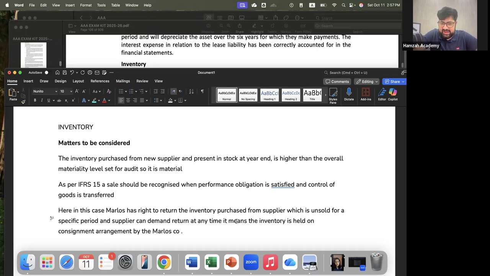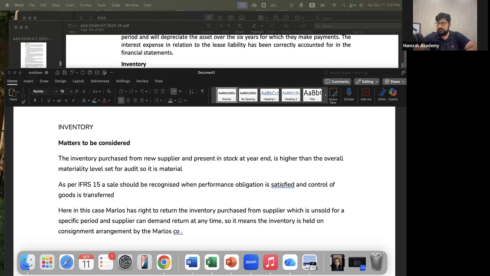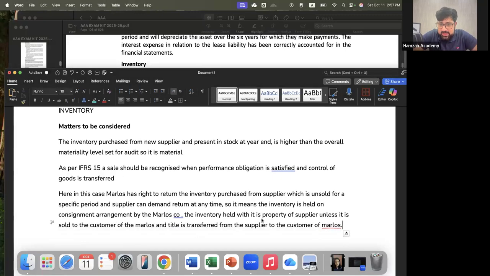So it means that the inventory is held under a consignment stock arrangement by Marlo's company. Applying to the scenario, the inventory held is the property of the supplier unless it is sold to the customer of Marlo's, and title is transferred from the supplier.